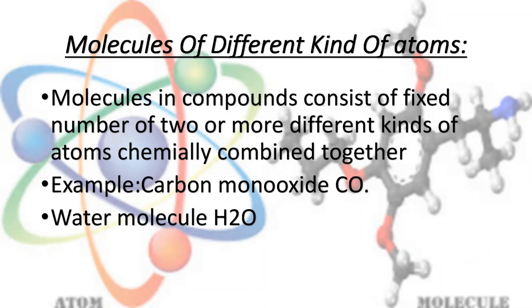This example you will find at the last of the lecture, so it is not yet clear. So we have two types of molecules: molecules of an element of the same kind, or molecules of different kinds of atoms. Whenever they are of different kinds of atoms, they form a compound.